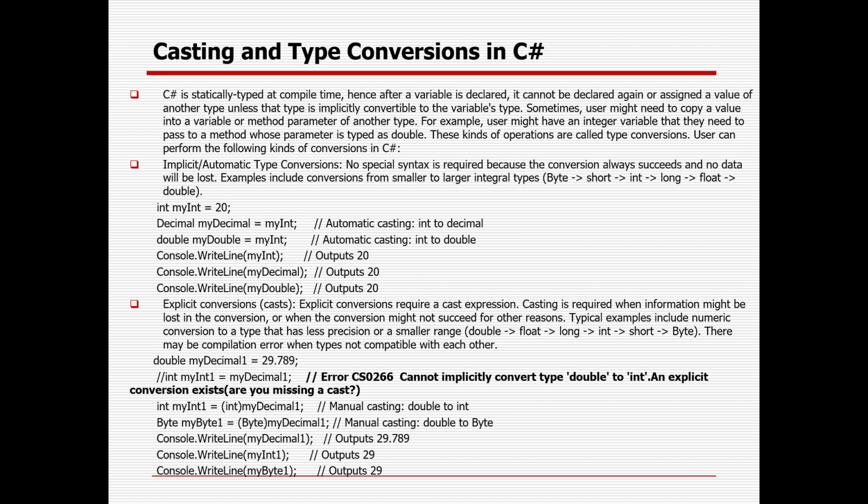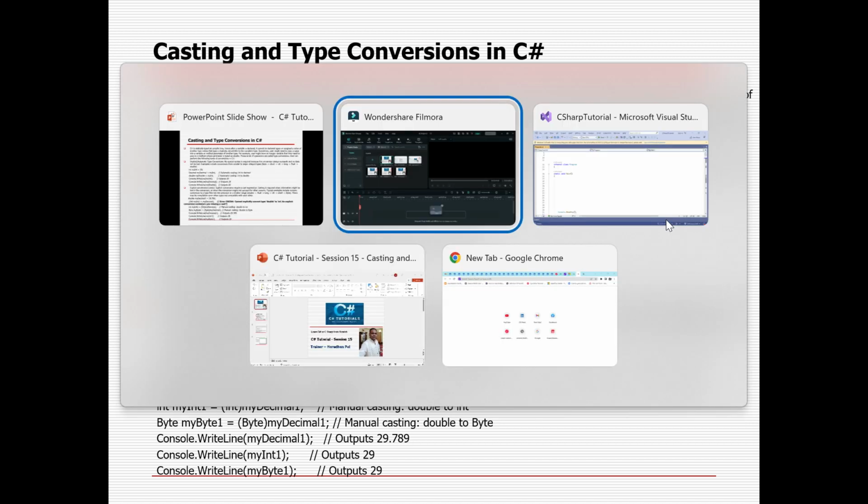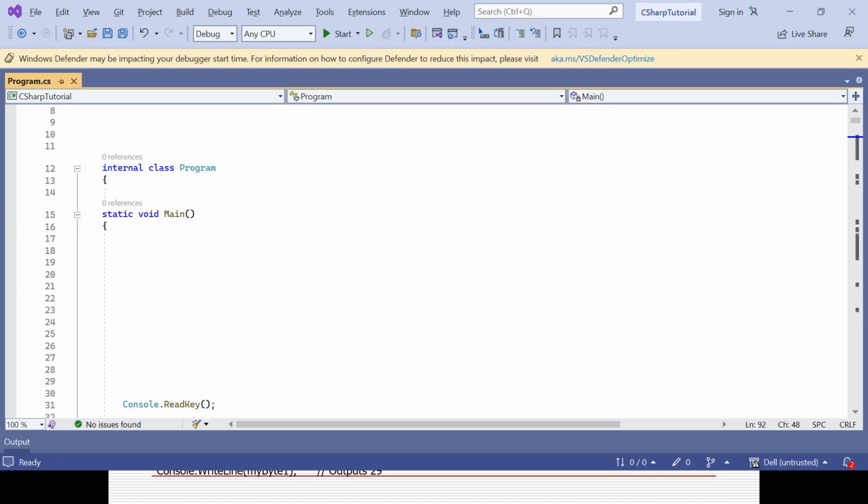Now let's try to understand what implicit or automatic type conversion is in C#. So I will define some variables here, say integer data type, my int, I can give some value as 40.